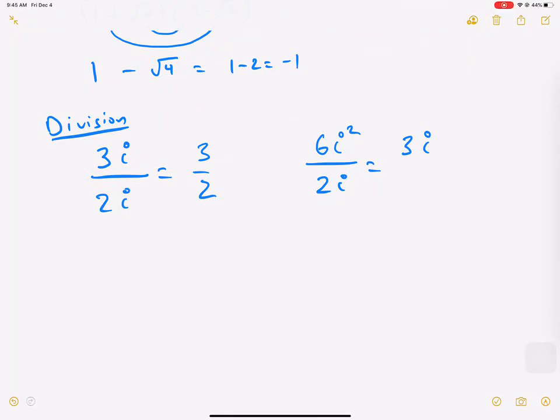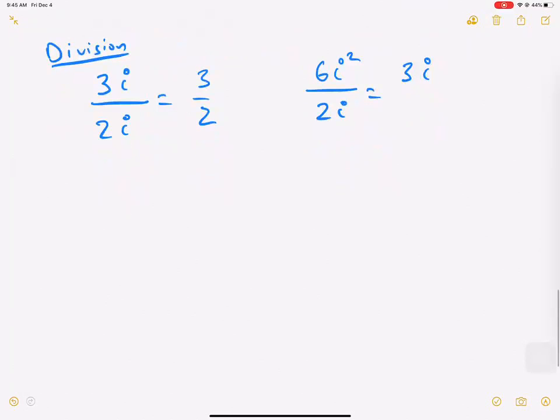Okay. Now, here's an issue. If you remember a rule in Algebra 1 where we say we don't like square roots in the denominator, you guys remember this rule? We don't like square roots on the bottom.